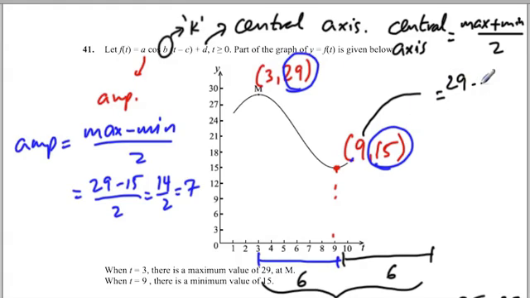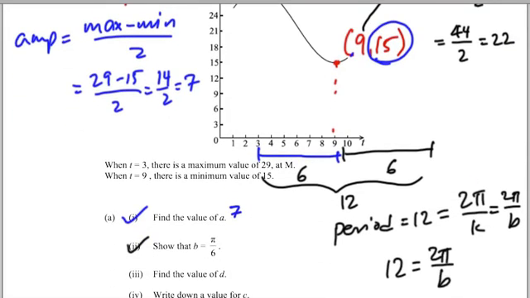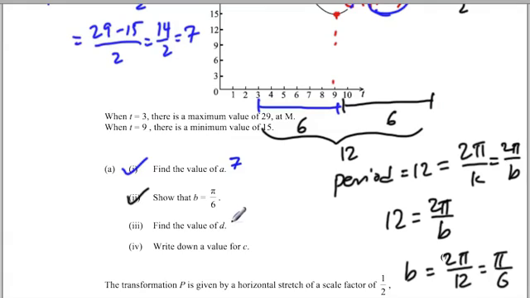What's the min? 15. Divided by 2. So it's equal to 44 divided by 2, which is 22. Let me just make sure that's right. 44, so it's 22. So D in this case is 22.